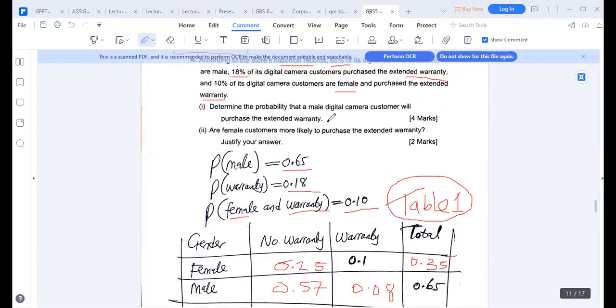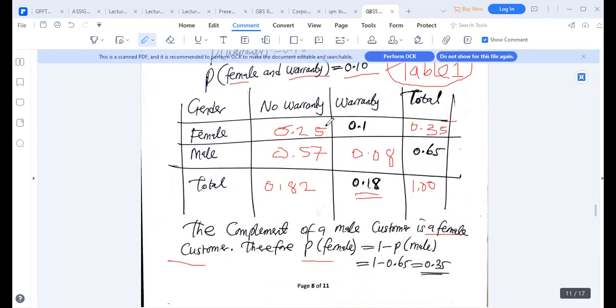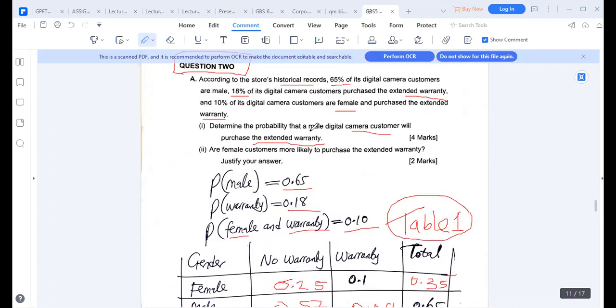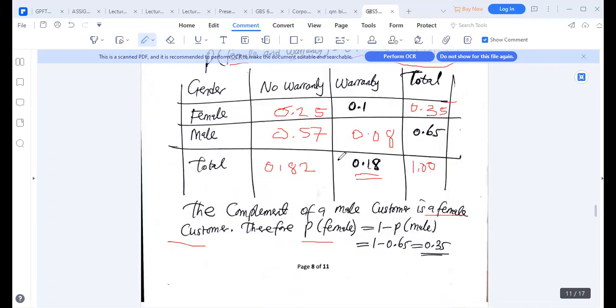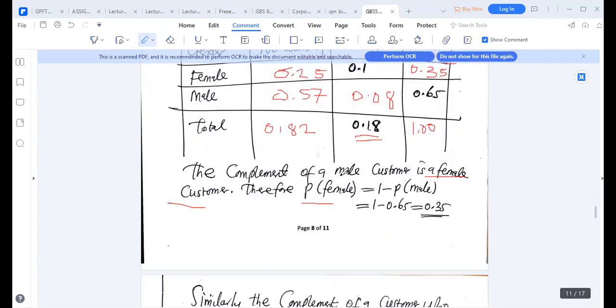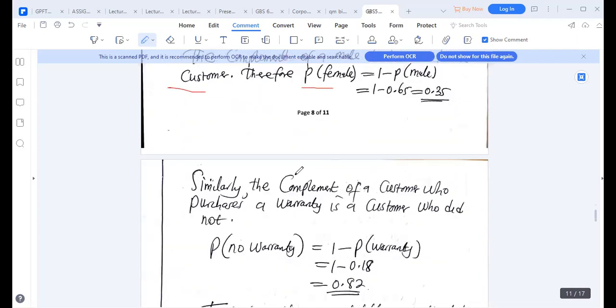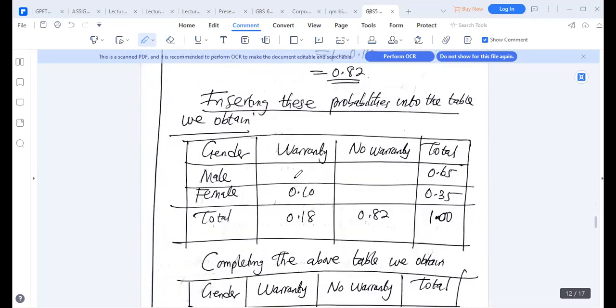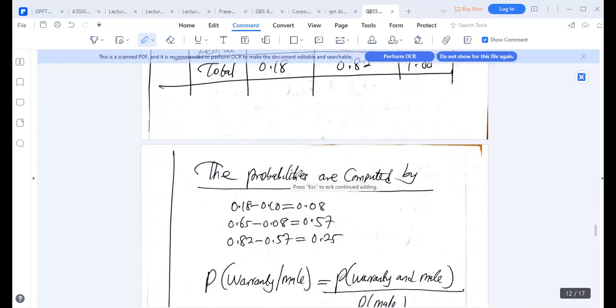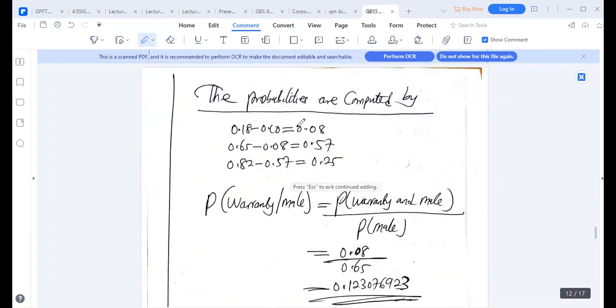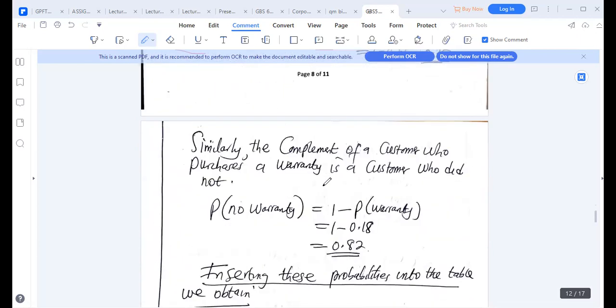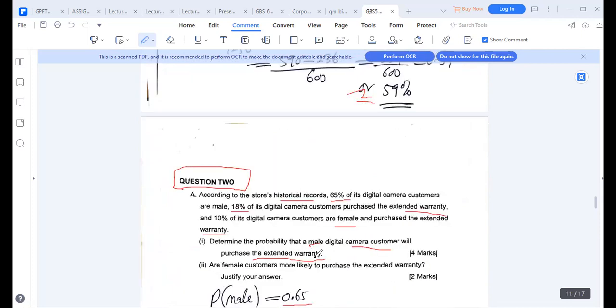Now, determine the probability that a male camera customer will purchase the extended warranty. So these probabilities were computed using this: warranty given that it's a male.